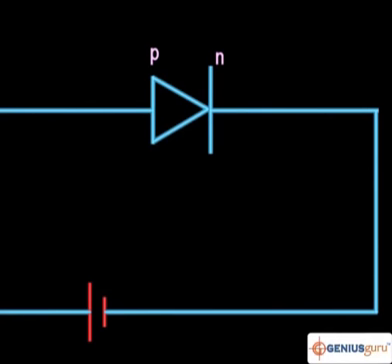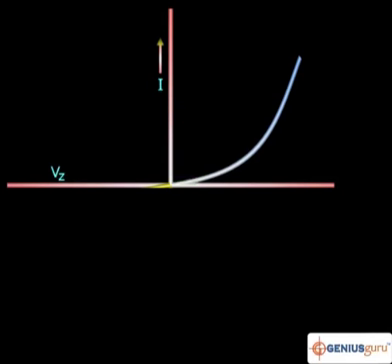Suppose I take a characteristic graph for the forward bias as you are seeing in the figure. Up to some potential there is no current in the circuit. This potential is equivalent to the barrier potential. After this barrier potential, the electrons or holes can diffuse or drift from one region to another region, so that we get current.